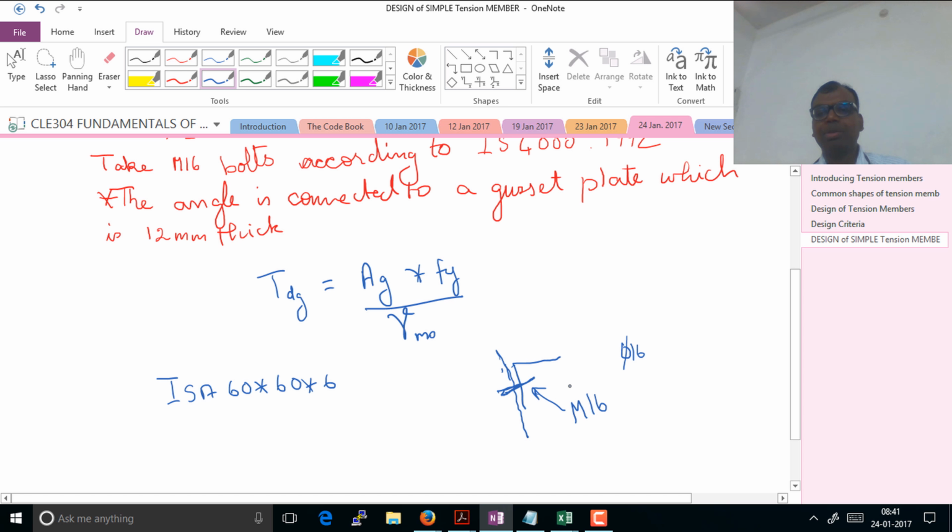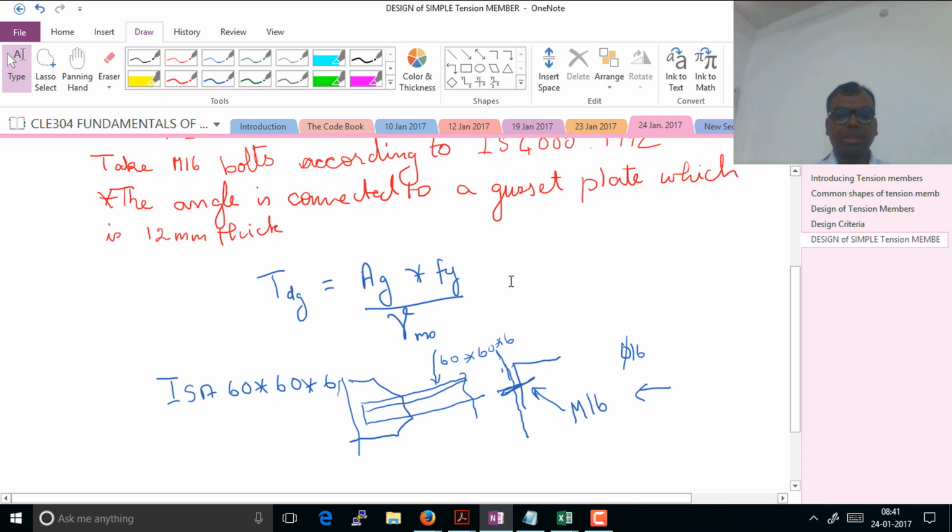Now if we have a look at this side, the view from this side would be something like this. This is the gusset plate. You are having the angle like this. So this is 60, 66.